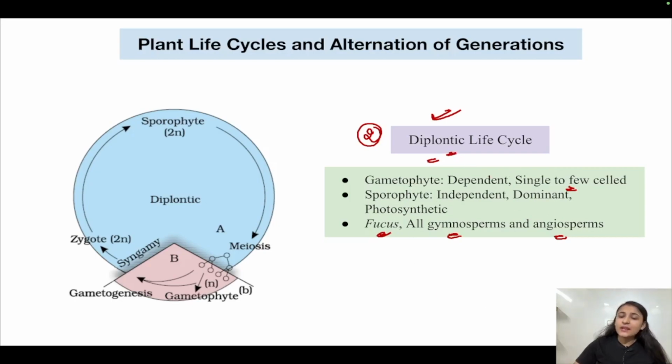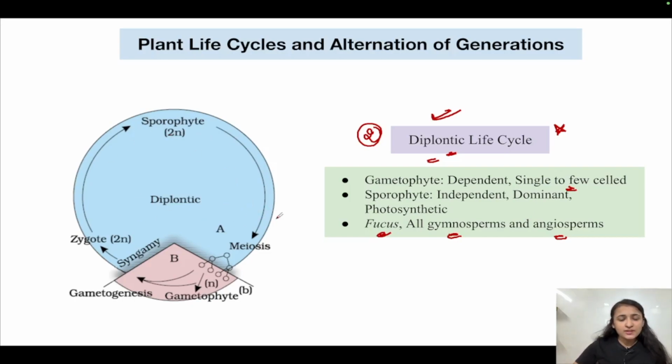All gymnosperms and angiosperms show this diplontic life cycle, because in gymnosperms and angiosperms, the sporophytic stage is dominant, has a larger duration in their respective life cycle, and the gametophyte is the reduced and dependent stage. So let us look at the life cycle quickly.